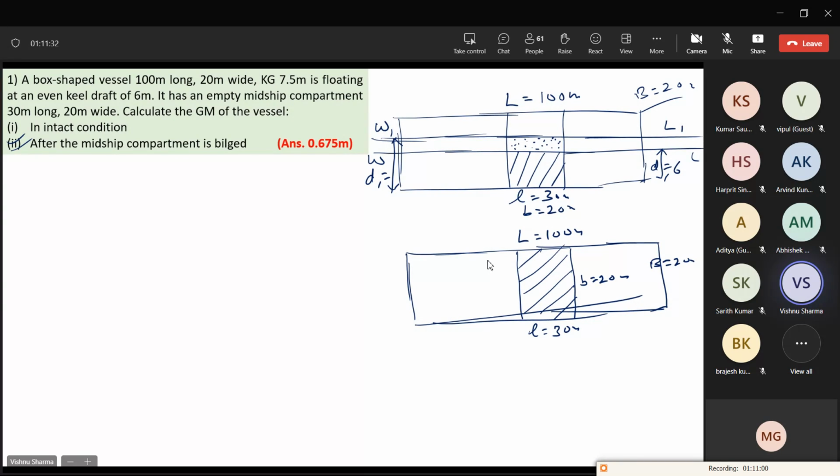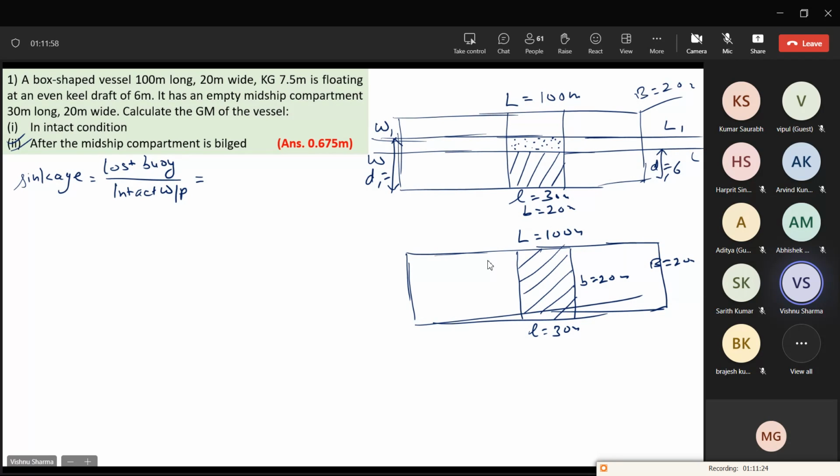Okay, now we first find sinkage. Formula for sinkage we just did: lost buoyancy upon intact water plane. The lost buoyancy will come from the side elevation diagram.